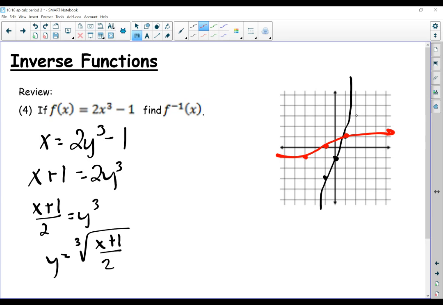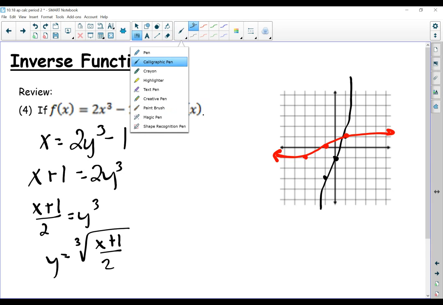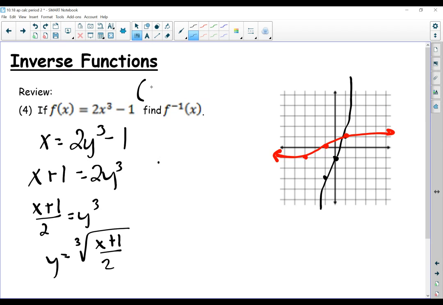Okay, and again, it's a reflection over y equals x. So that's the relationship between the two functions. And here we can also see that on the original graph, there was the point (0, negative 1), and on the inverse graph, there is the point (negative 1, 0).